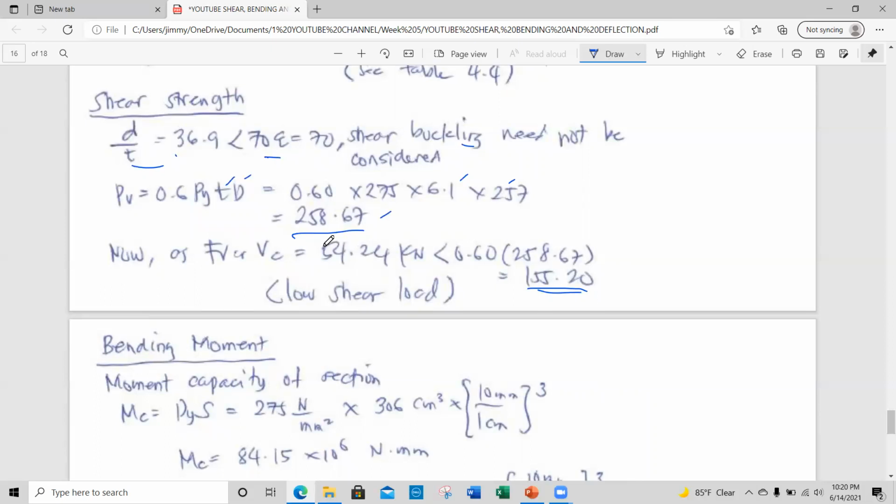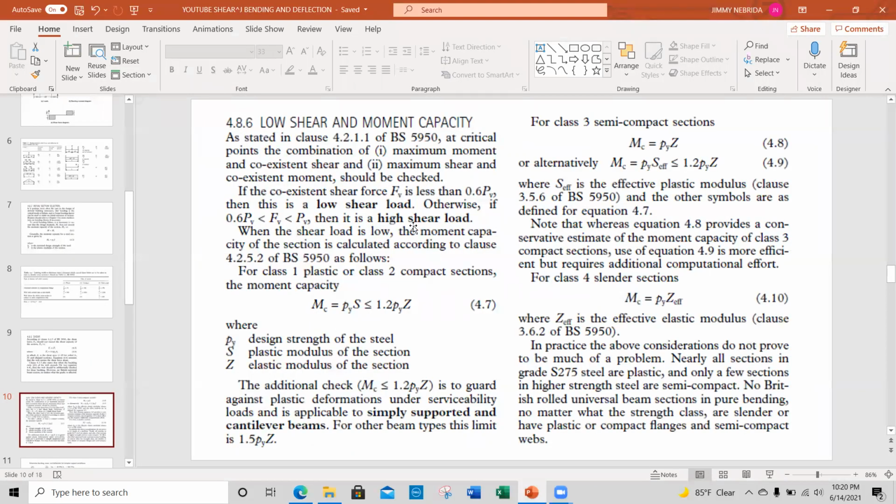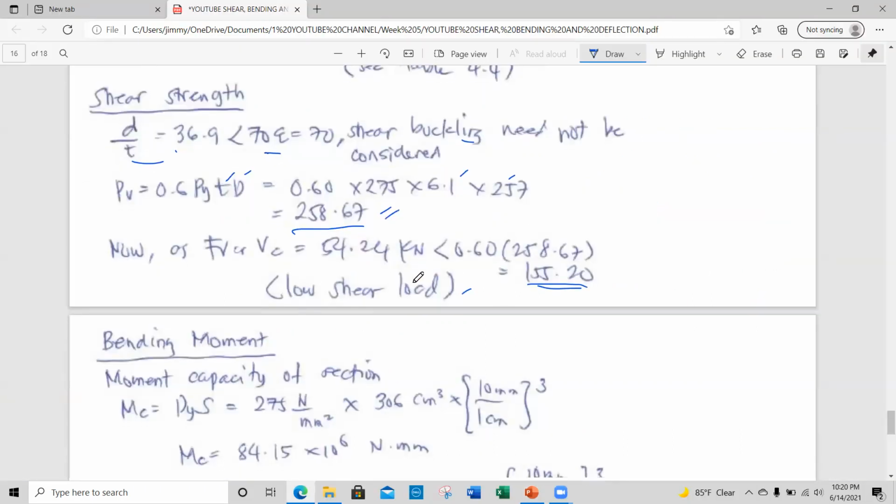So this is a low shear load. Otherwise, if it's greater than 0.6 PV, we have to check also with the PV if it is within the range. If it's within the range, we can say that it's high shear load, and we have to look for another condition or equation applicable for high shear load. This one is for low shear load.